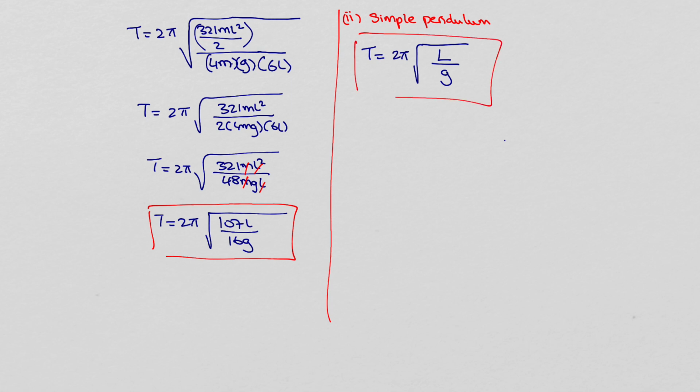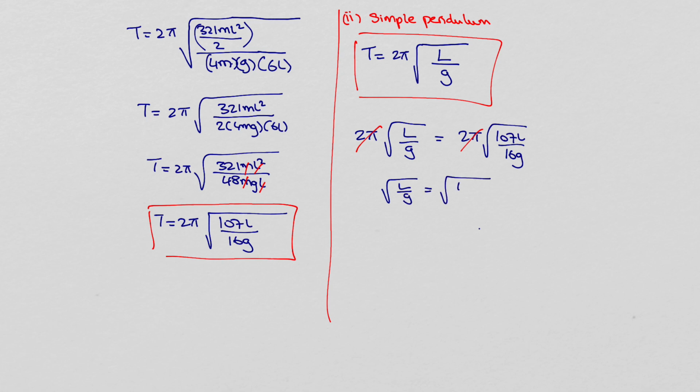All right, so equivalent means we equate. So we're going to equate our simple pendulum formula to the value we got for our compound pendulum in this particular case. And you can see we have a 2π on both sides, so we divide across by 2π, which leaves us with the square root of L over g is equal to the square root of 107l over 16g.